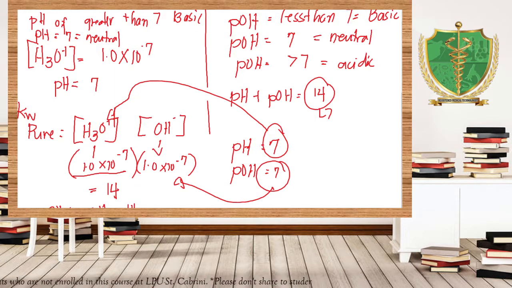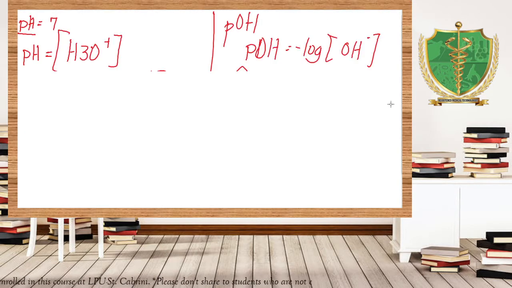Negative logarithm of the hydroxide ion concentration. Okay? So that's the reason why pH of water is 7 and the pOH of water is 7, because it contains 1.0 times 10 raised to negative 7 of hydronium and 1.0 times 10 raised to negative 7 of hydroxide. Okay?